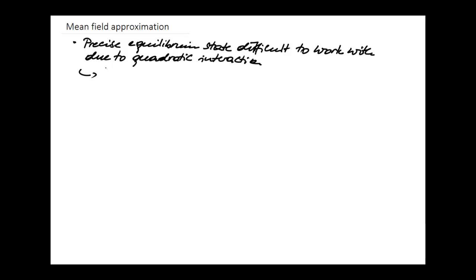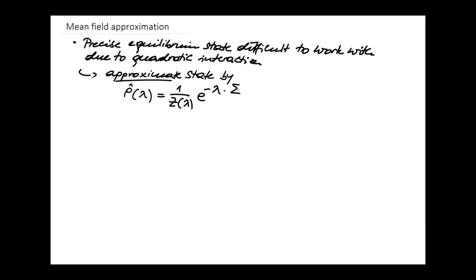One approximates states with the mean field approximation, and the mean field state has the following form. A mean field state is characterized by a parameter lambda, and it has this characteristic Gibbs form with lambda as a Lagrange parameter and the relevant observable being the sum over all Pauli spins, where lambda is still unknown and yet to be determined.